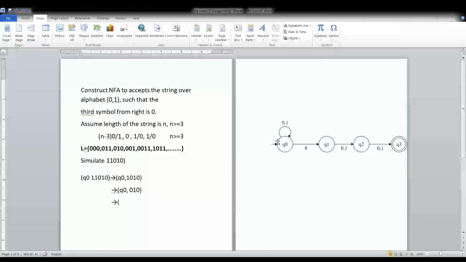If the machine takes the self loop, then the string will not be accepted. So there should be some smart decision by the finite automata. It should go from Q0 to Q1 on this third symbol, right? Practically this is not possible for an NFA.